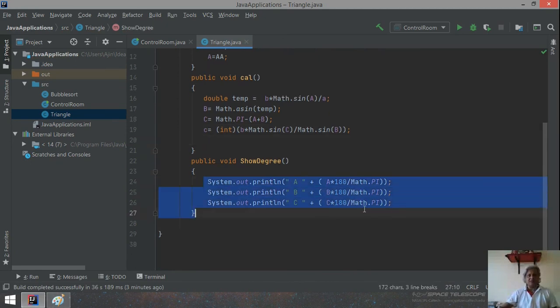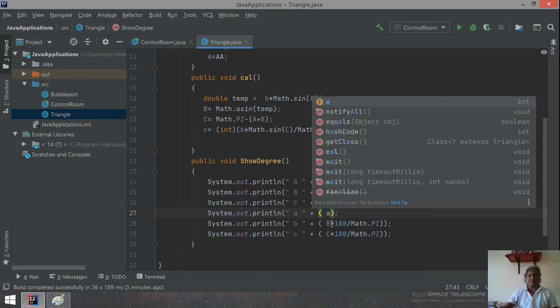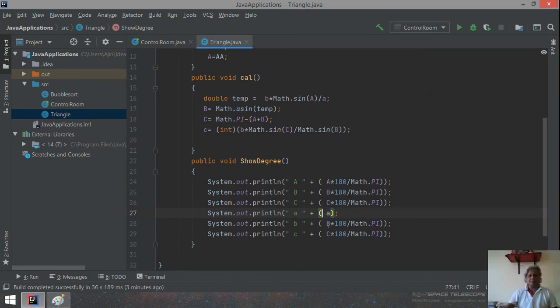Now I simply copy and paste all these just to check small sides A, B and C. This is just A. This bracket also is not required.